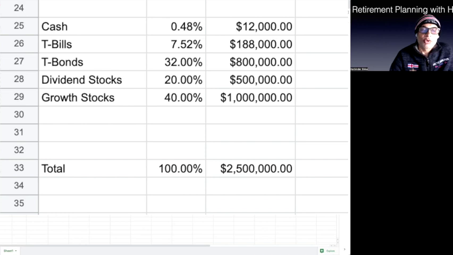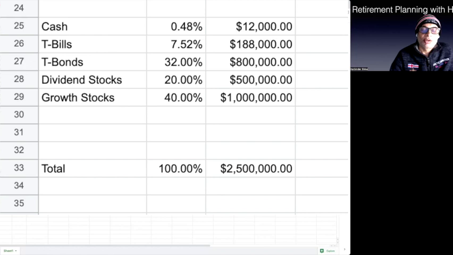You will have more on the bond side and less in the dividend and growth, depending on if this keeps circulating as 2.5 million. If you are able to generate 100,000 portfolio income from this portfolio, you will always be in this ratio.